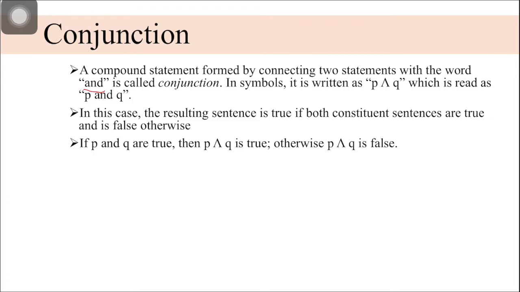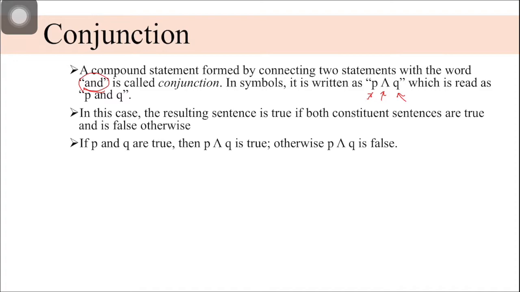In symbols, it is written as P and Q. So, let's say P is a statement and Q is another statement. So we have two statements, P and Q, which we connect with the word and. And this is the symbol for and.